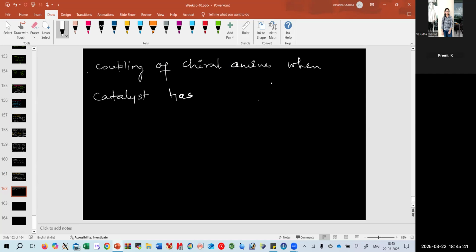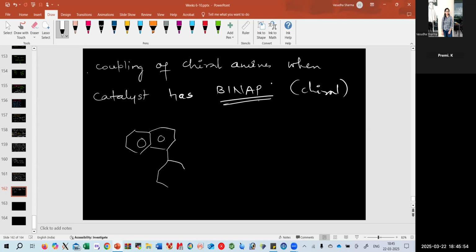The catalyst has some chiral ligands. If you remember the structure, I believe it is something like this. This is a chiral ligand, I believe.